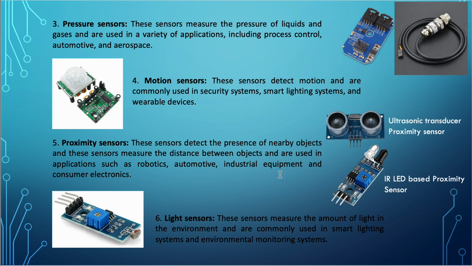So both of them would work. If it is ultrasonic, the sound wave would travel, hit the object in front of it, and come back to the sensor, which would absorb that data and determine how far the object is, or whether there is an object in front or not. IR LED based proximity sensors use light energy bouncing from the object in front of it.